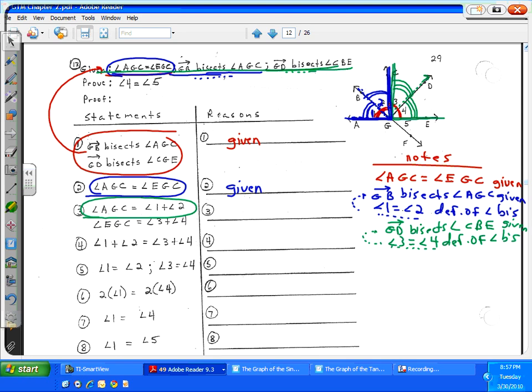Can you see that angle 1 plus angle 2 is equal to that whole big angle, angle AGC? Well, you can. What says that you can add two little angles to get the whole big angle? Well, angle addition says that. See, angle addition. And I went ahead and did this one because a lot of students forget about that.